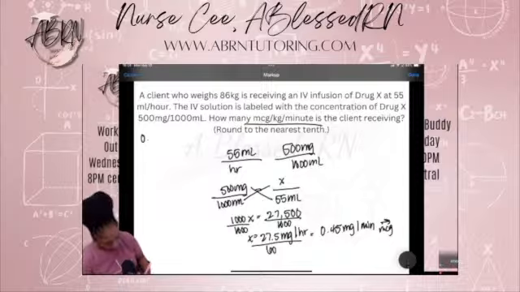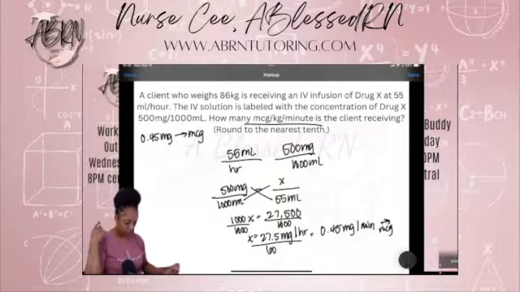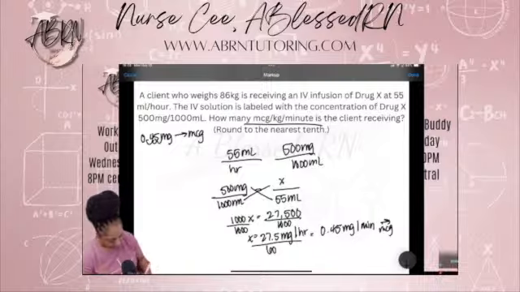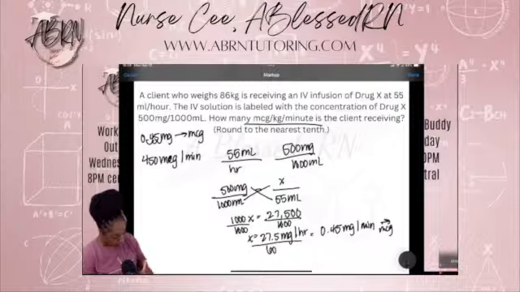So we do 0.45 mgs to micrograms. We know that we're going from a larger unit of measure to a smaller, so 3 decimal places to the right. So we'll do 1, 2, 3. So that's going to be 450 micrograms a minute, and we need that per kilogram, right?